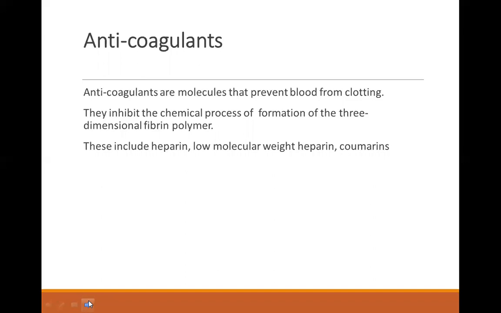They inhibit the chemical process of formation of the three-dimensional fibrin polymer. These include heparin, low molecular weight heparin, and coumarin. Warfarin is included in the coumarin group, and we will discuss these further.